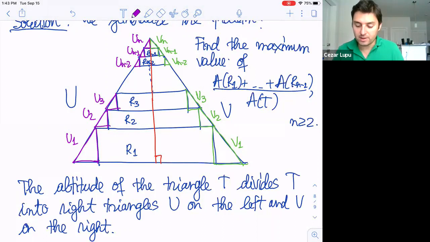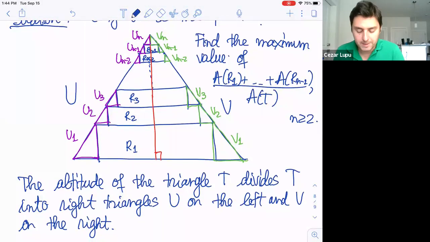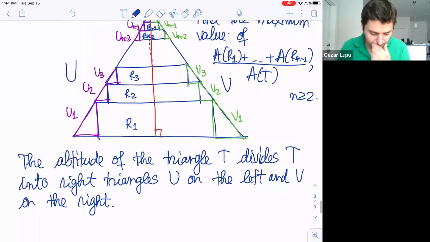And now let's analyze together. Let's be very careful here. I want you to look very, very closely at the picture. Okay. So as you can see, let me just say it.